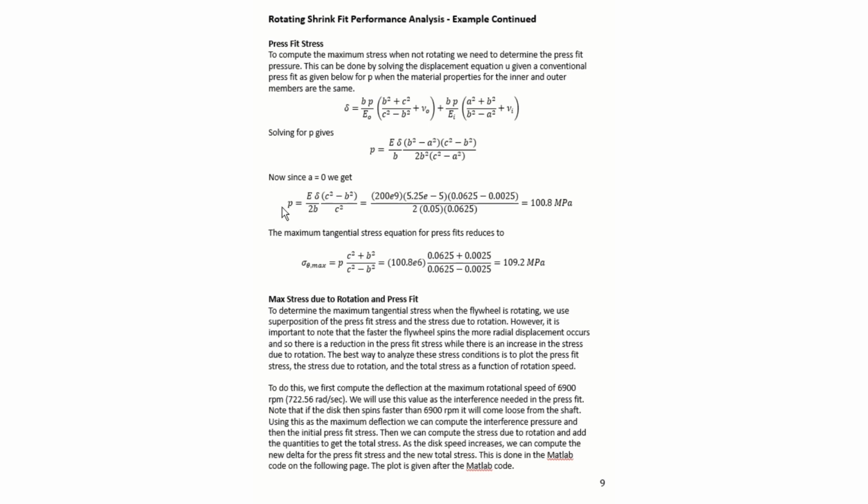So this P here is the pressure required to create this deflection. So this is my interference pressure. This is the pressure that I want to have at the interference so that I can get this deflection, and that deflection will keep my system in contact.